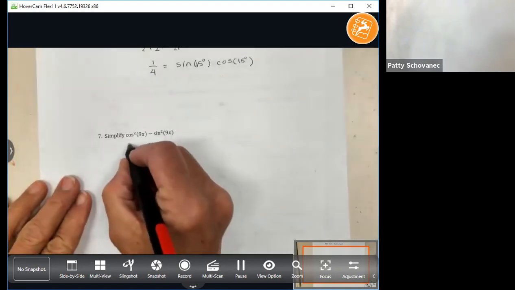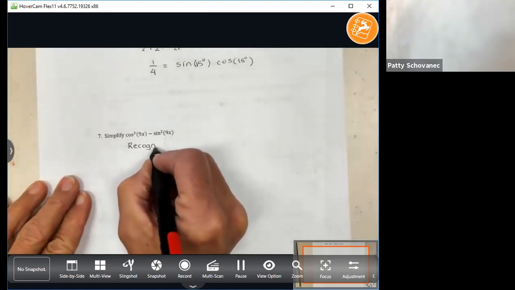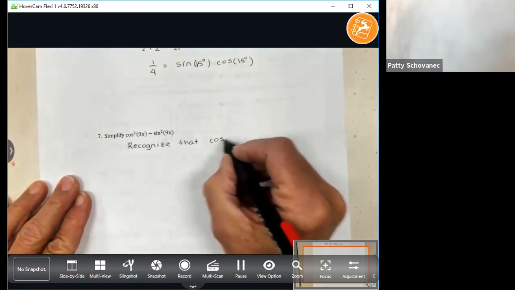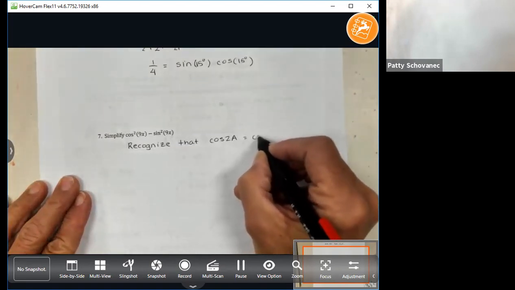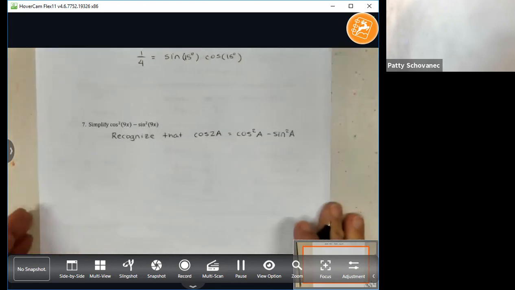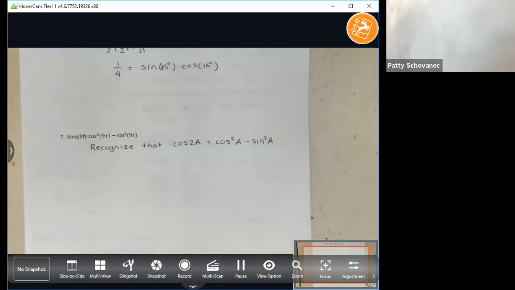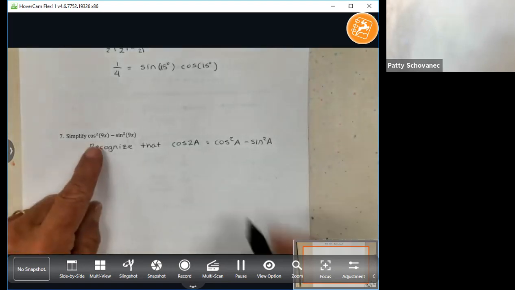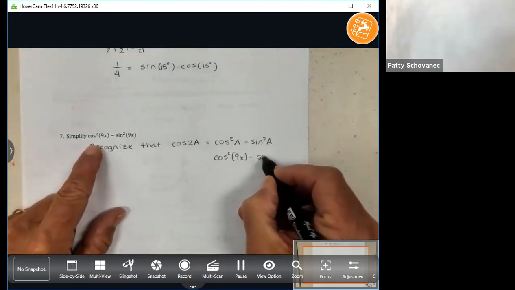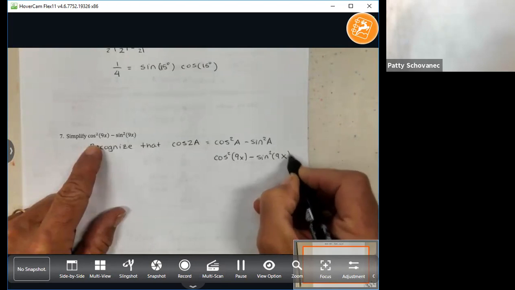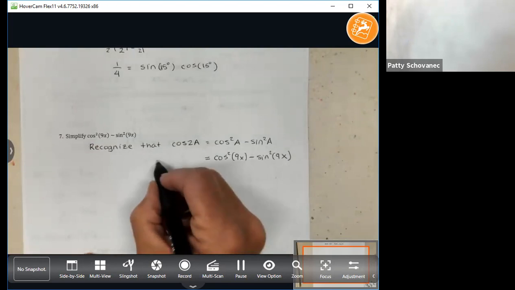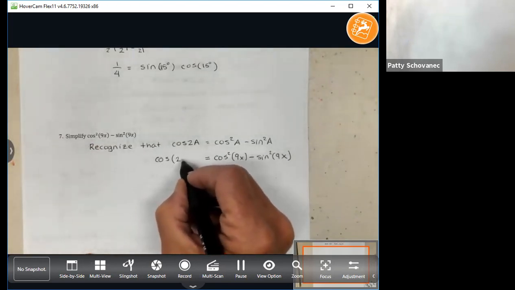I'm going to recognize that cosine of twice an angle looks like the cosine squared of the single angle minus the sine squared of the single angle. So I've got the right-hand side of this. I've got the cosine squared of 9x minus the sine squared of 9x. So that says I should be able to write that as the cosine of 2 times 9x.